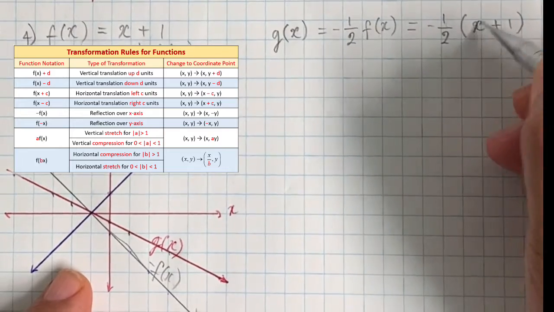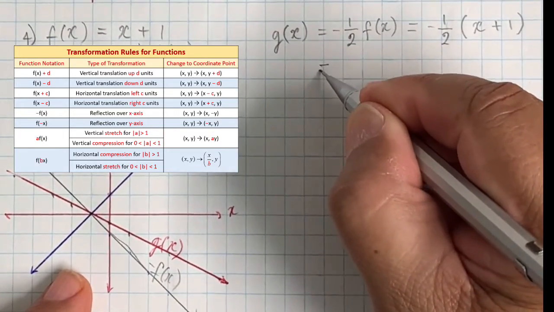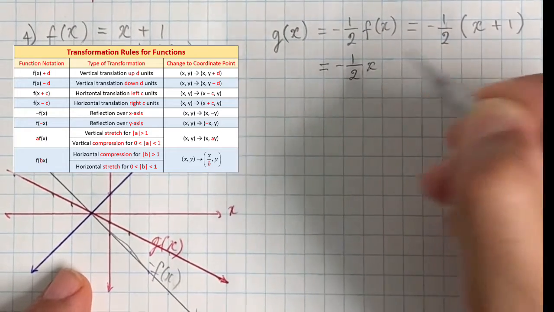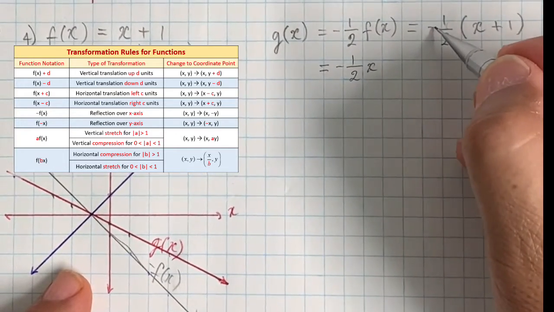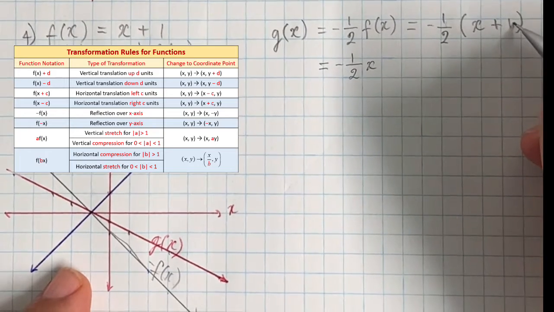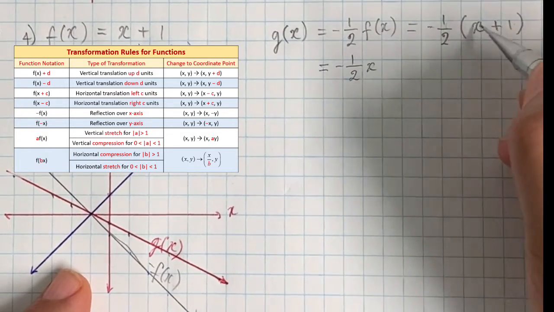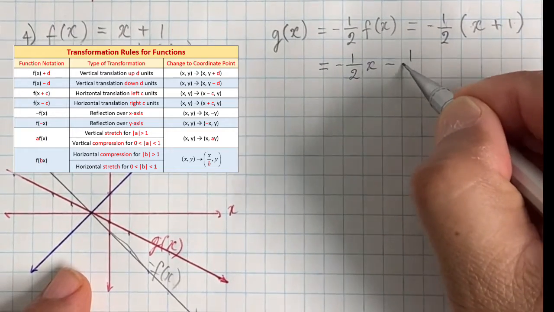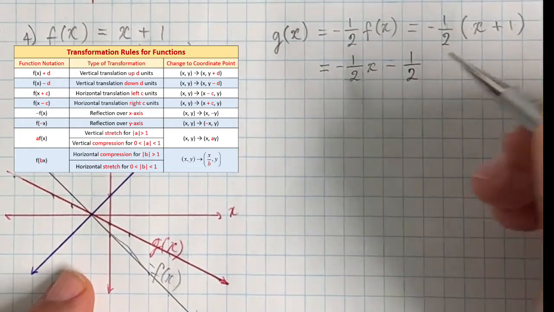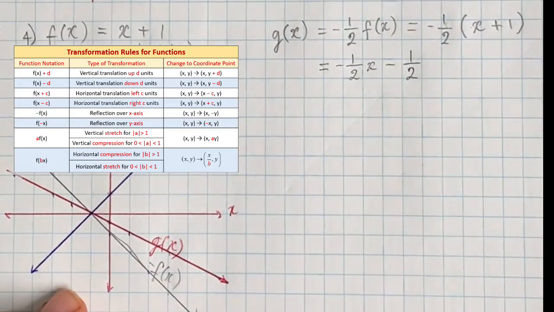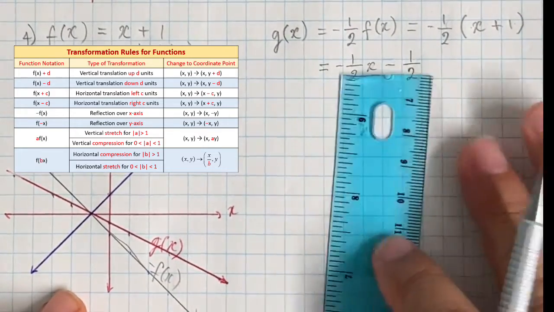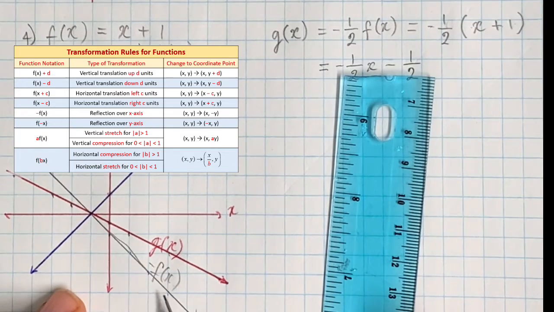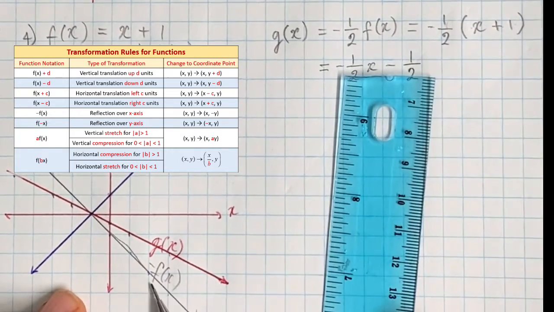So now you can distribute, and here's what we get. It could be negative 1/2 x minus, remember, because negative times positive is a negative, okay? Negative times positive is negative. So it's negative 1/2, all right? Okay, now you can graph both of them. But then guess what? You will be missing this line though, okay? If you use this method, then you will not see this one.